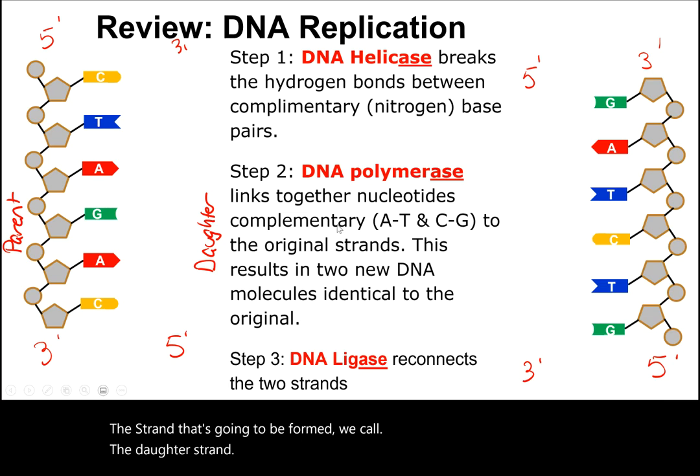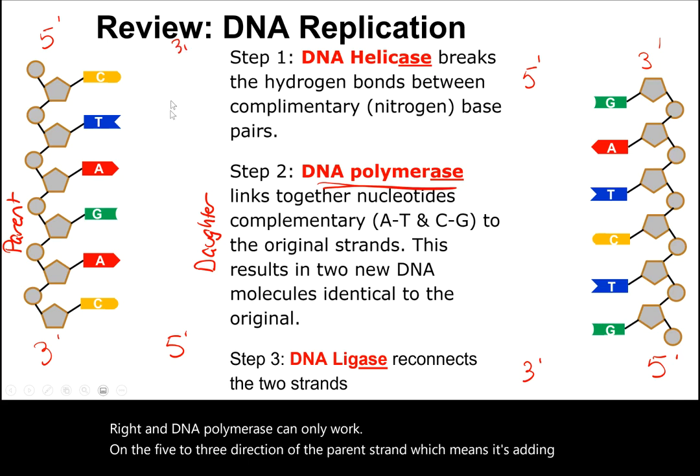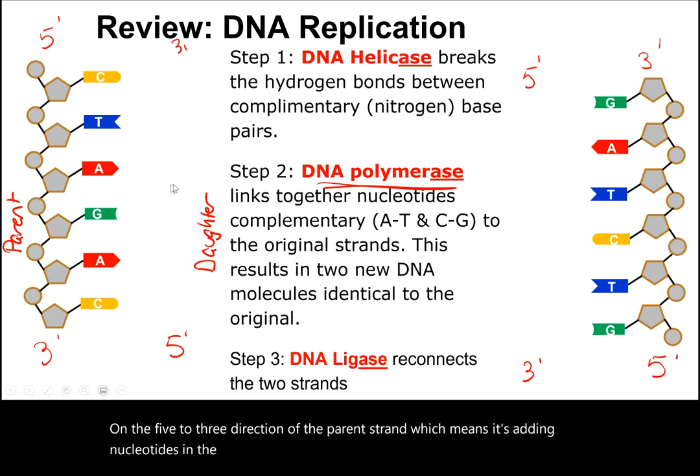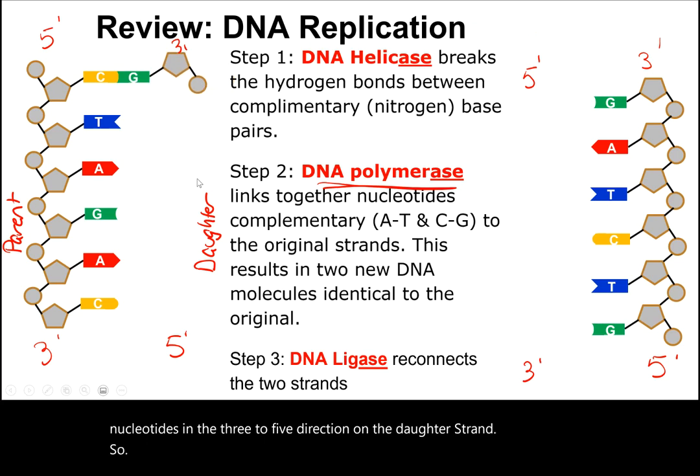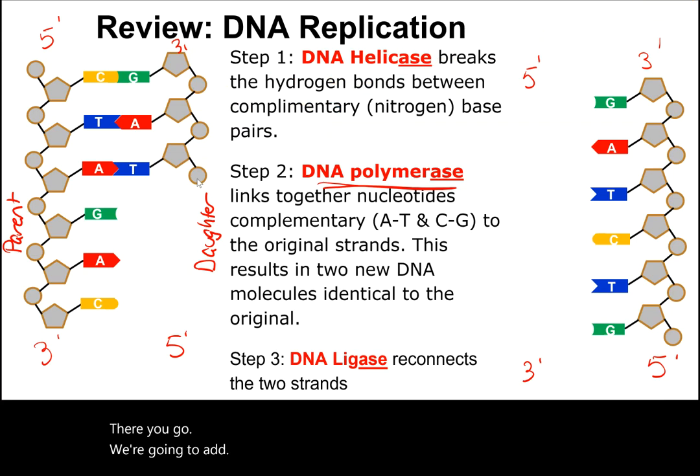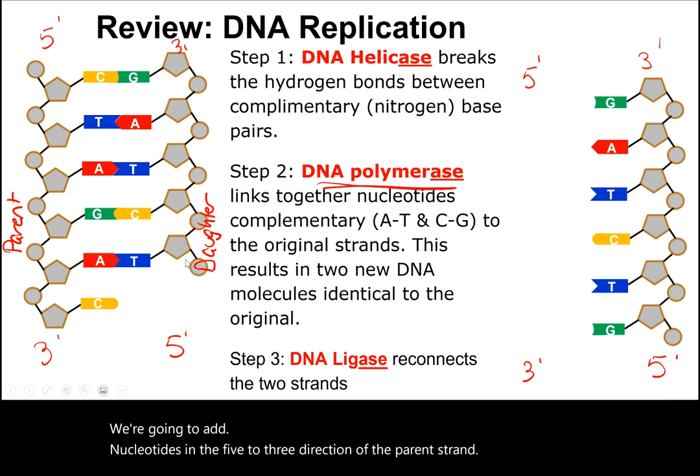And DNA polymerase can only work on the 5 to 3' direction of the parent strand, which means it's adding nucleotides in the 3 to 5 direction on the daughter strand. So there you go. We're going to add nucleotides in the 5 to 3 direction of the parent strand to form the daughter strand.